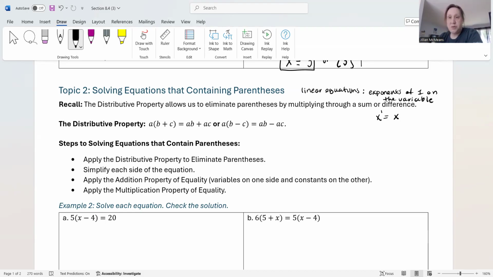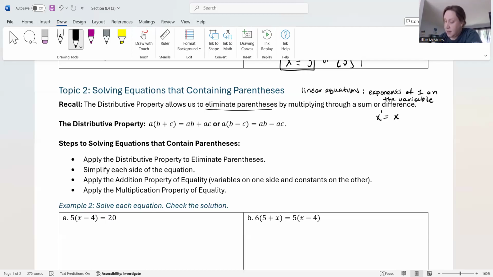Now, we do need to remind ourselves of something called the distributive property that we talked about earlier in this chapter, okay? The distributive property allows us to eliminate parentheses by multiplying through a sum or difference. We practiced this earlier in this chapter, and now we're getting ready to apply it. So the distributive property basically says if you have A times in parentheses B plus C, you can multiply through those parentheses by just multiplying that A by everything inside the parentheses.